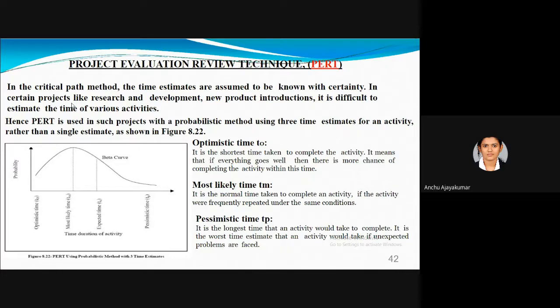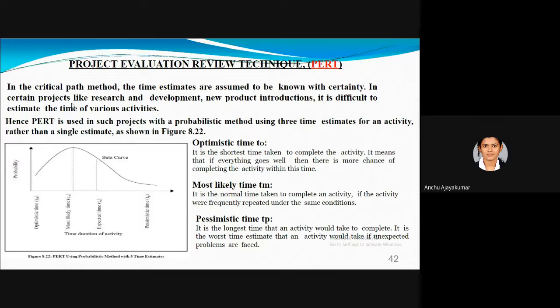If you have a friend to ask, it's a favorable situation. Or in natural circumstances, like if your friend is late, you may complete your assignment in 15 minutes. That is the most likely time: the normal situation, how much time you will require to complete your activity.